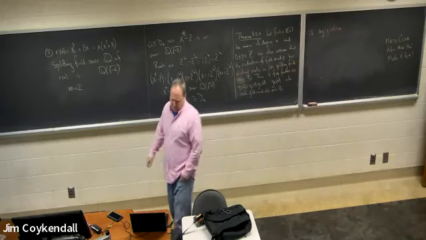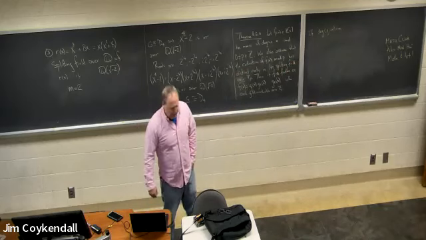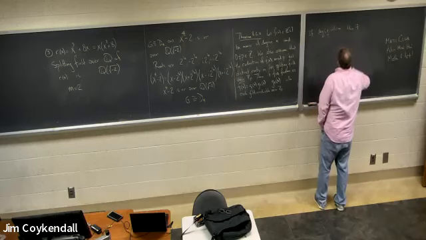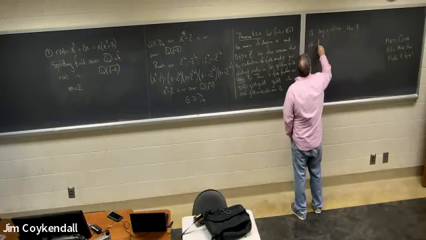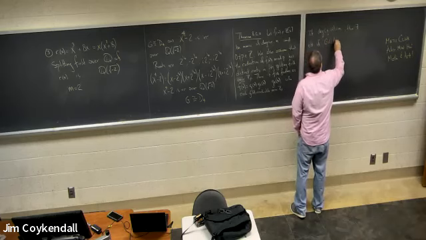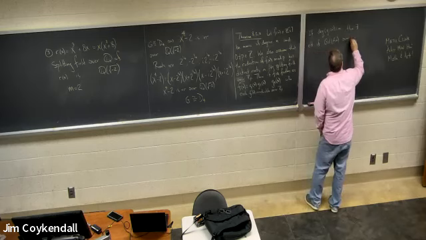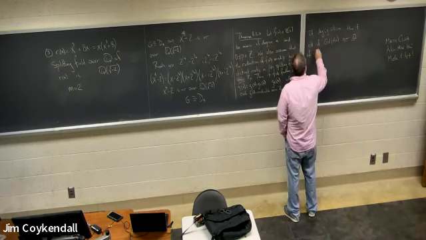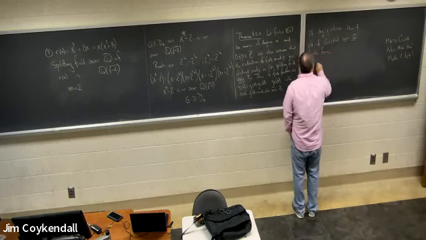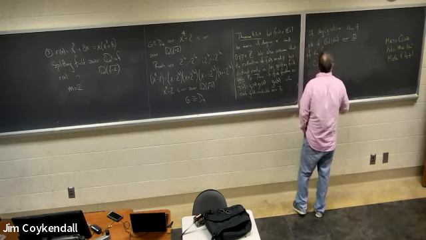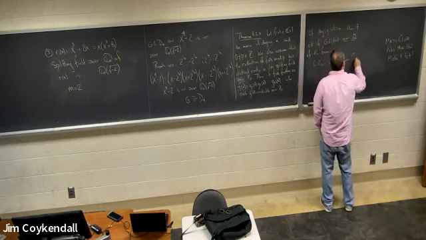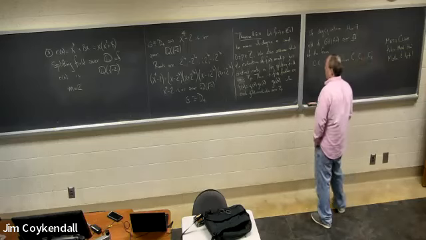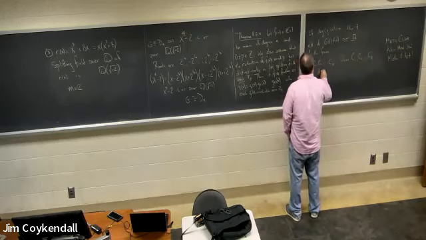So the degrees of the polynomials are mi. Then there exists an element of the Galois group of f of x over Q of the form c1, c2, through ck, where the ci are disjoint cycles.